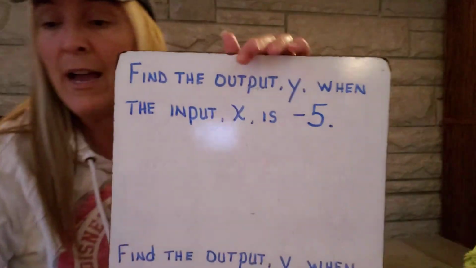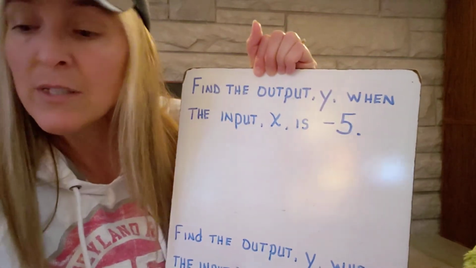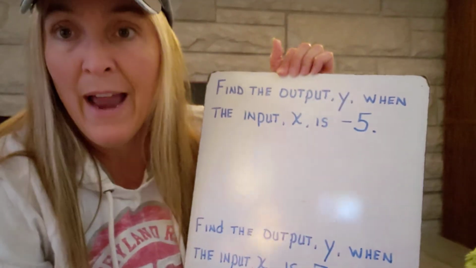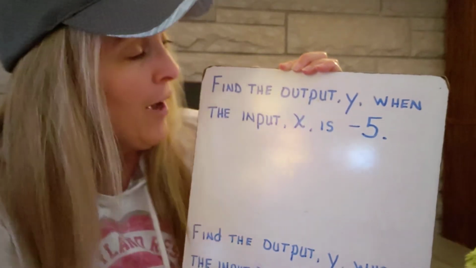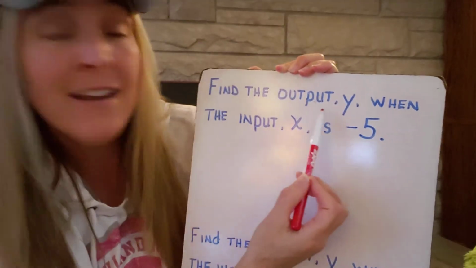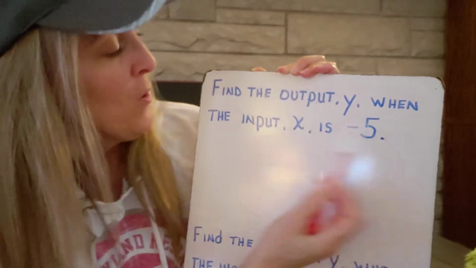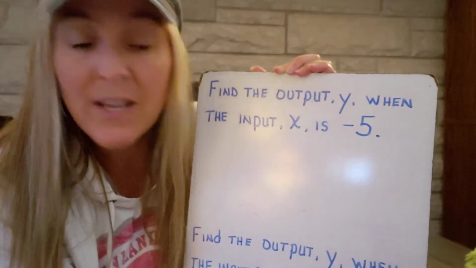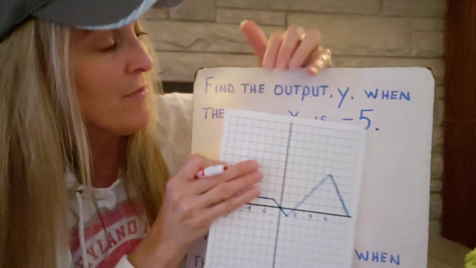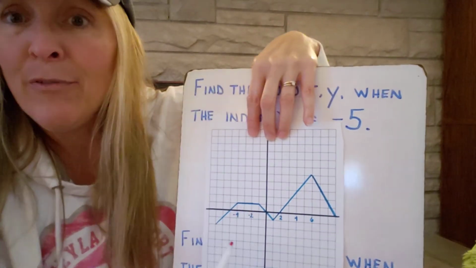The second type is also functions, but it is looking at a graph. And all you have to do is look at the graph. It asks you to find the output Y when the input X is, and it gives you different numbers, in this case, negative 5. And it gives you a graph.